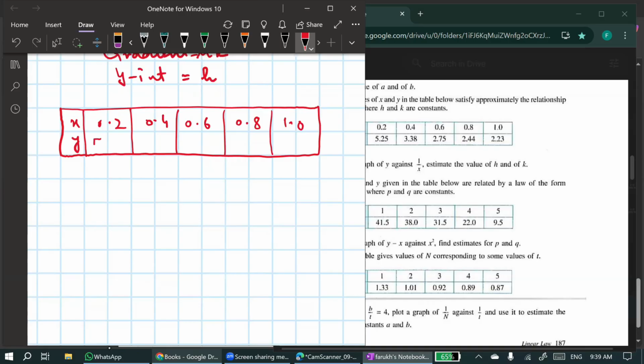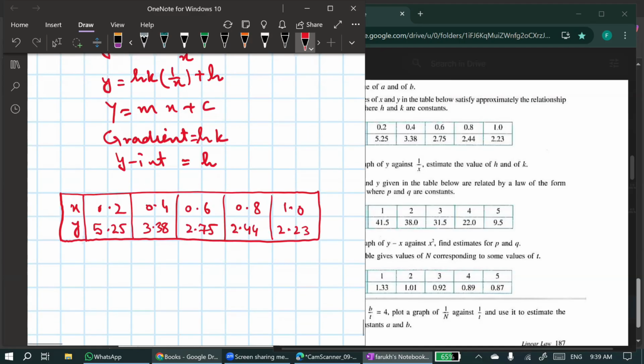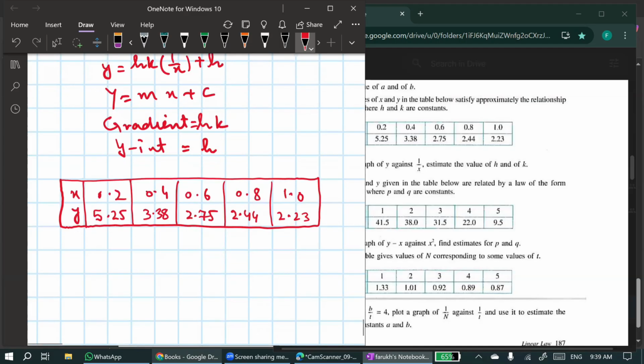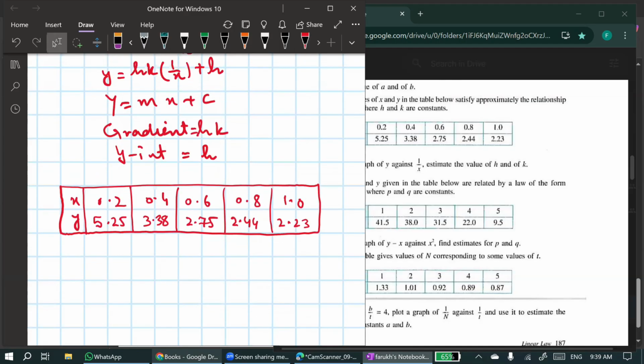The values of y are 5.25, 3.38, 2.75, 2.44, 2.23. These are the values of y. Now we want to plot y against 1 over x. We need to populate one more column in this table.